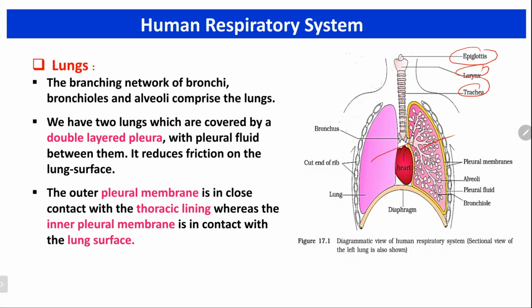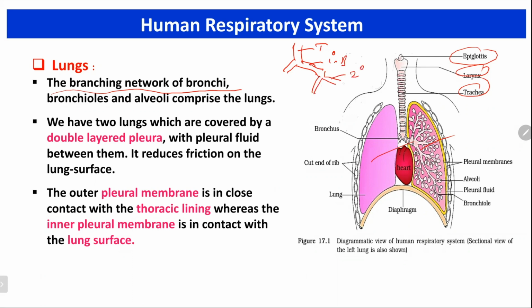Lungs also. You see the branching network of bronchi. I told you, go back and try to recall. This is T. T stands for what? Trachea. Trachea divides into what? Primary bronchi, right? Primary bronchi divide into what?